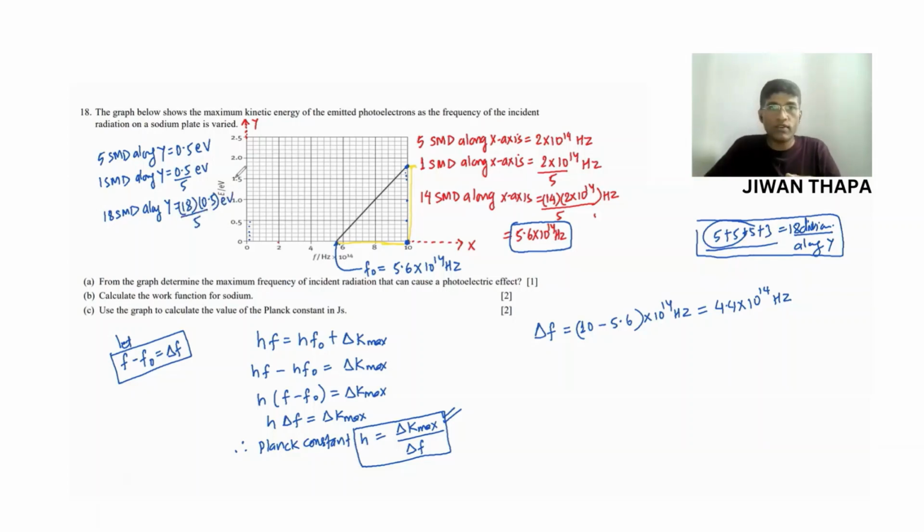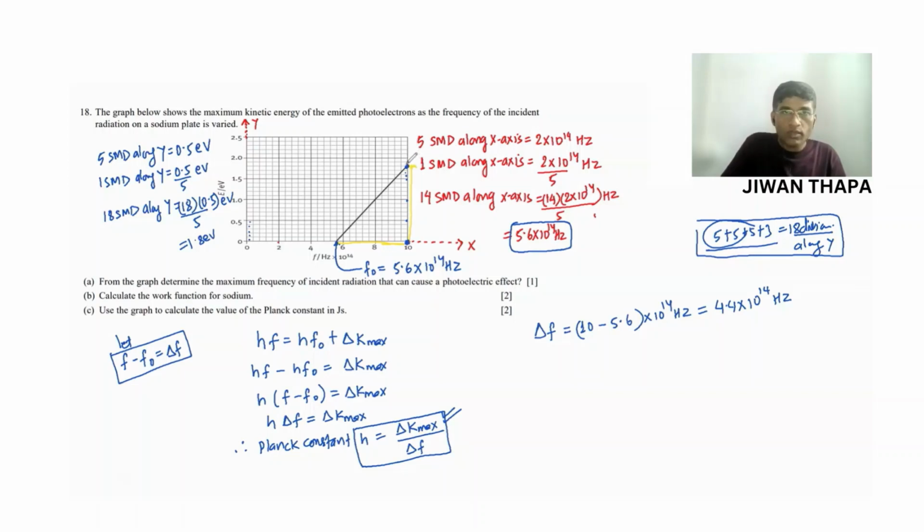So let us find this. We have 18 times 0.5, divided by 5. So we get 1.8. This gives the value 1.8 electron volt.